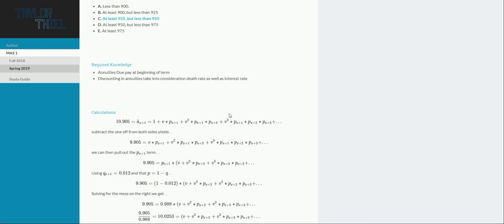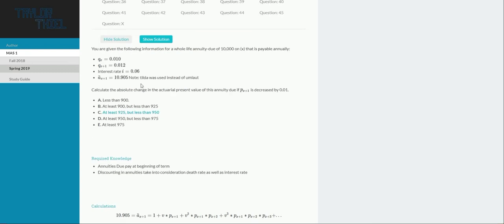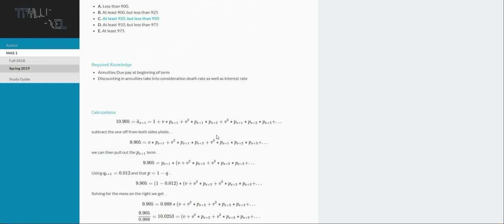The reason we're writing this all out is because we also know these Q terms, which are just 1 minus the value of these P's. Q is the death rate, the probability you die in that given year, as opposed to the probability you survive it. So we want to get access to this P subscript X plus 1 and do some simplification.